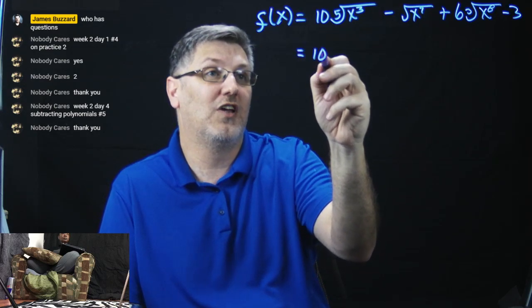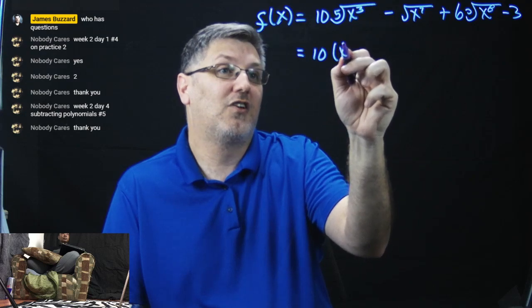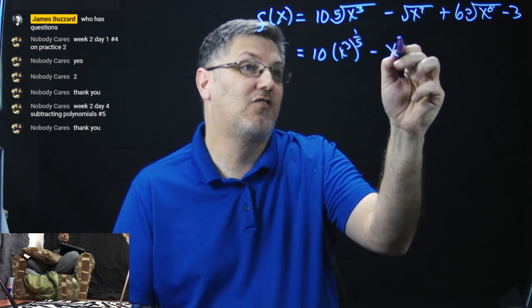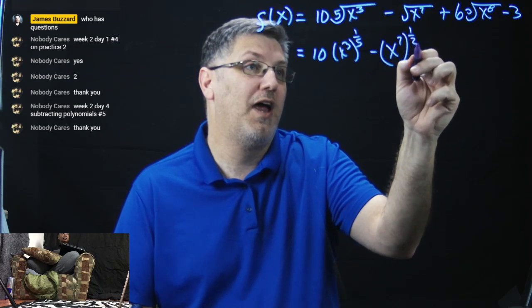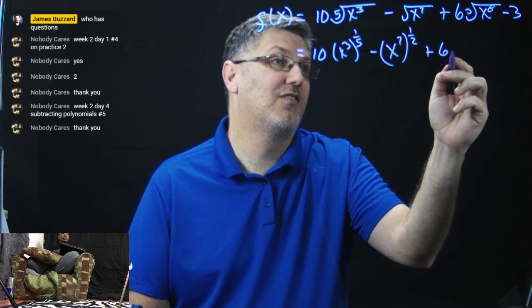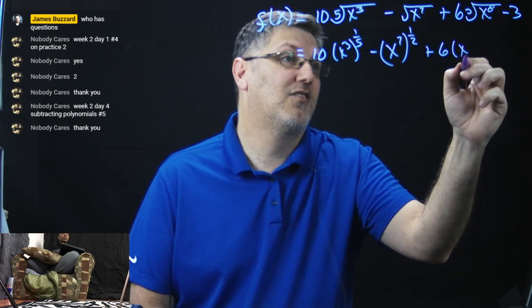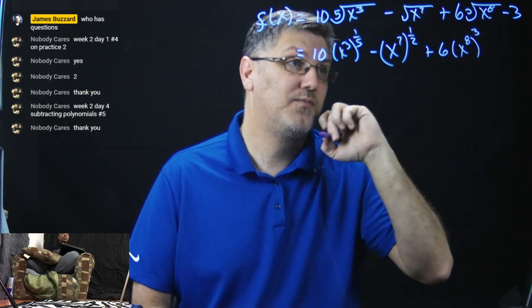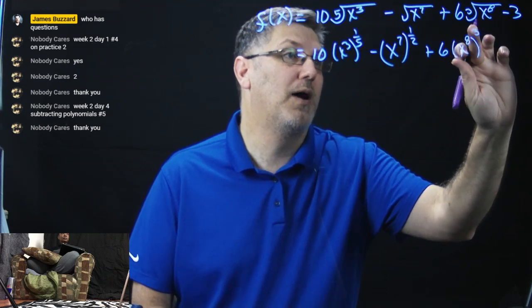I'm going to rewrite this as 10 times x cubed to the 1/5 power minus x to the 7th to the 1/2 power plus 6 times x to the 8th to the 3rd power to the 1/3 power minus 3.